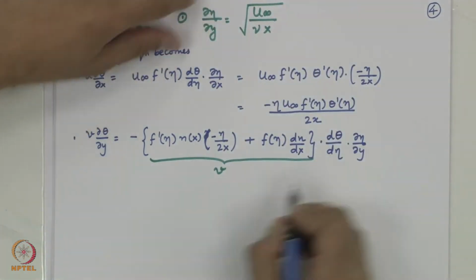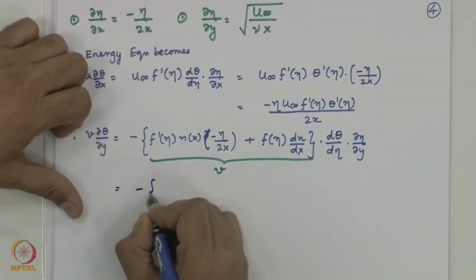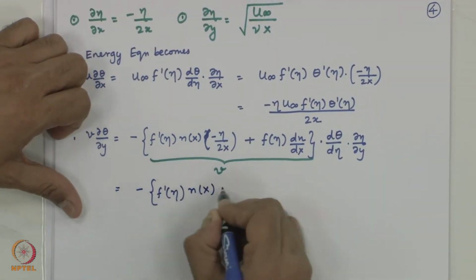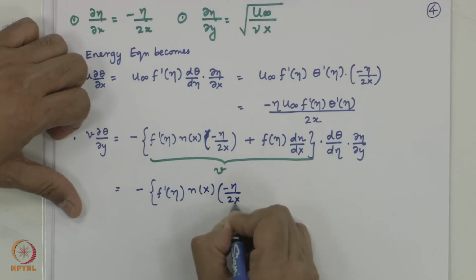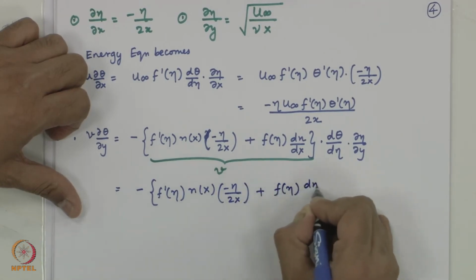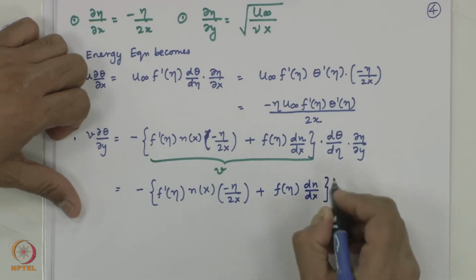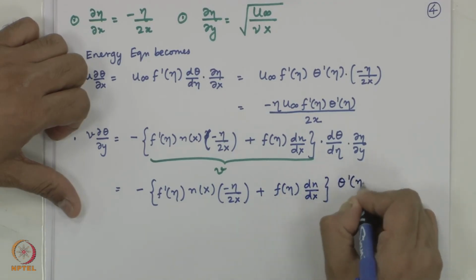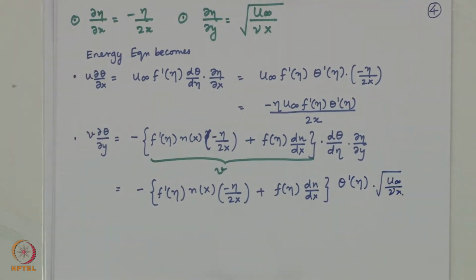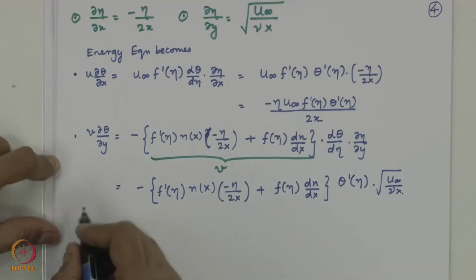When I write this, this is going to be exactly this quantity: f'(η) n(x) (−η over 2x) plus f(η) dn/dx, times θ'(η) and u∞ by νx. Okay, so this is going to be there.